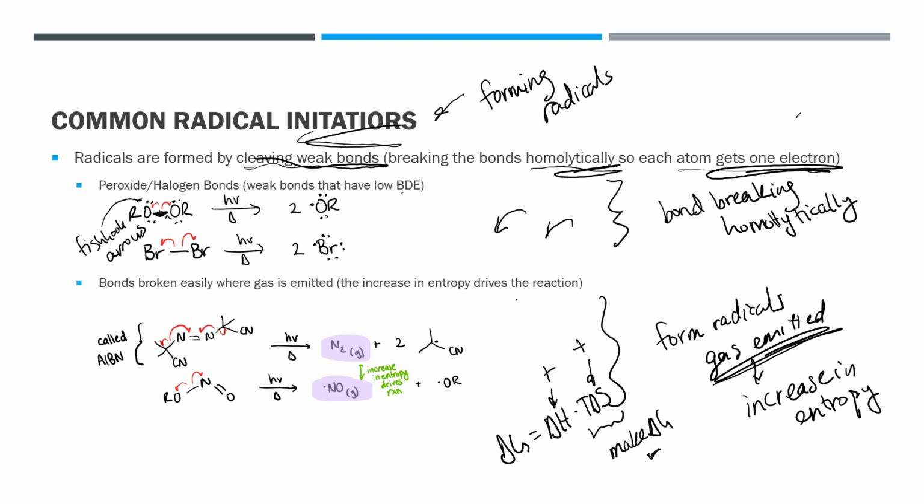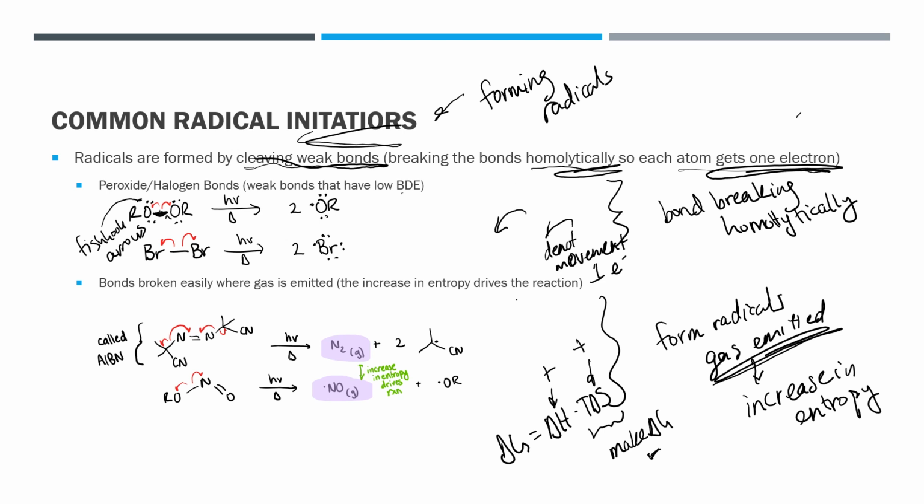Because we're looking at homolytic bond dissociation, each atom is getting one electron, so we need two arrows to denote one electron moving from the bond to one atom and the other electron moving from the bond to the other atom. So that's why we use fishhook arrows in these radical reaction mechanisms. Fishhook arrows denote movement of one electron.